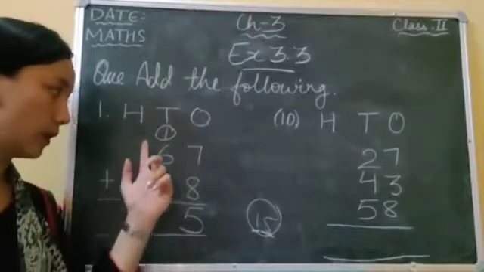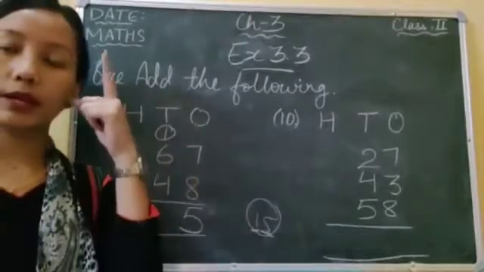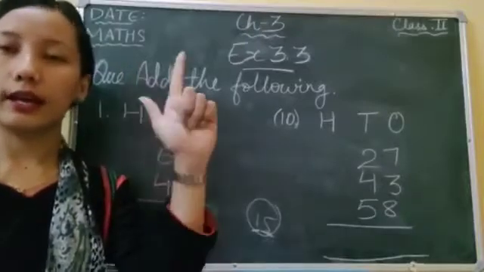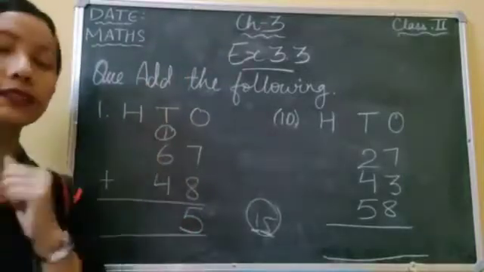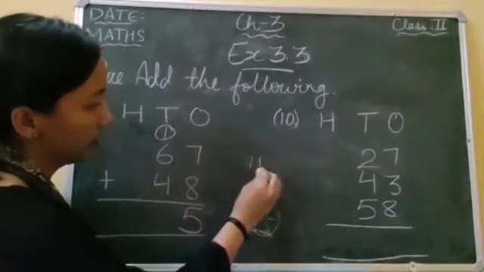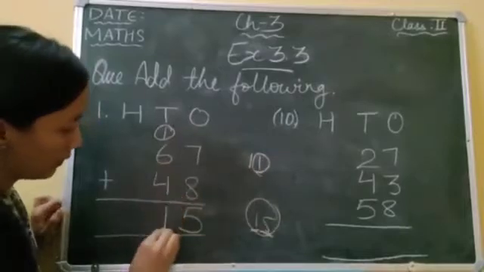6 plus 4 plus 1. Now keep the bigger number in your head and count to 4. 6, 7, 8, 9, 10. 10 plus 1, 11. So right here, we have 11, right? So write 11 here.